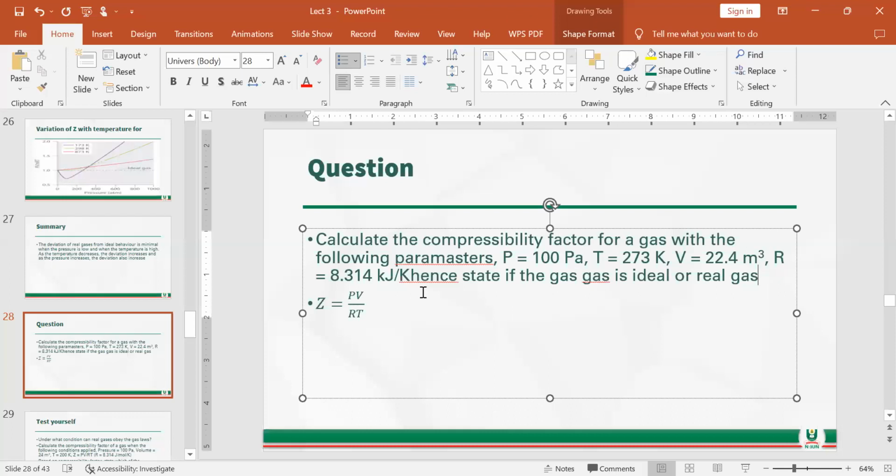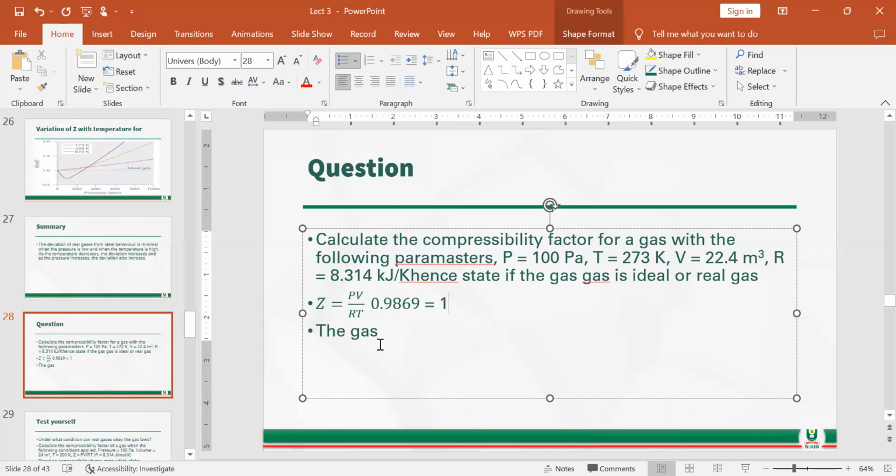What's the answer? 0.9869. So is the gas not an ideal gas? Why? Probably, if you take this as equal to 1, approximately equal to 1.